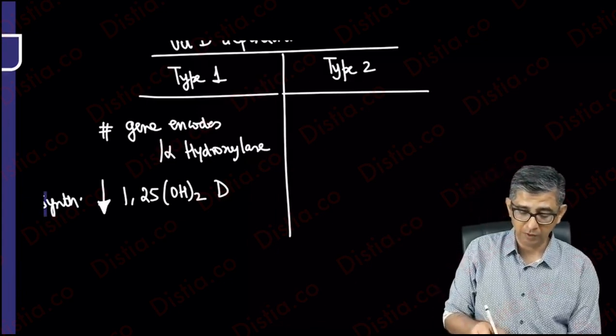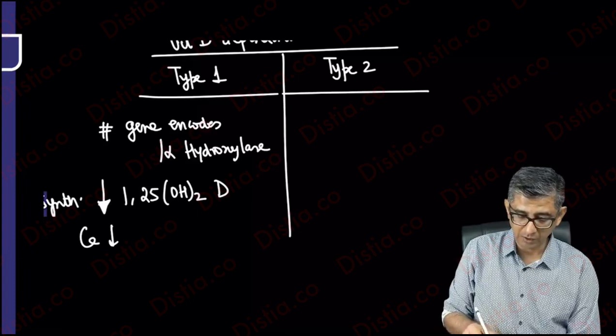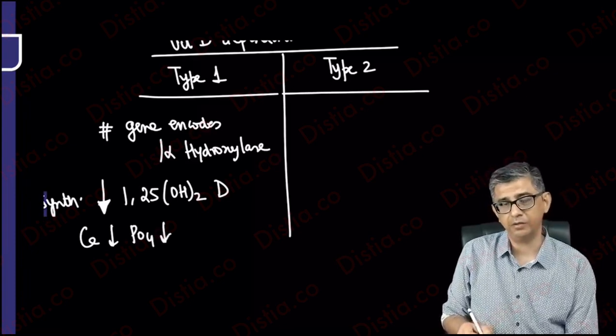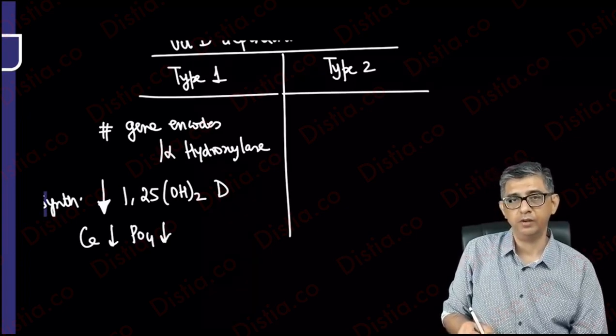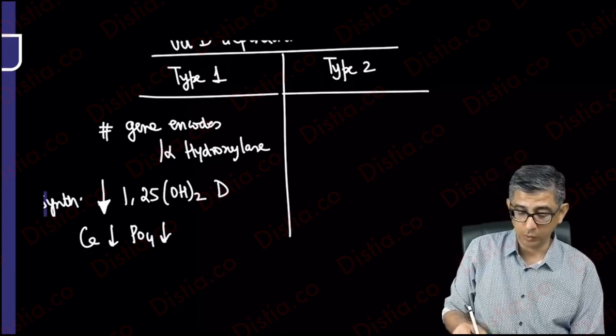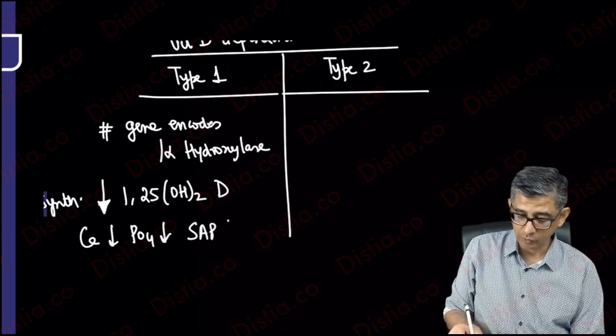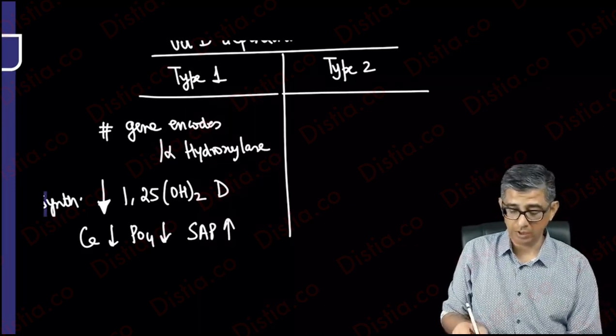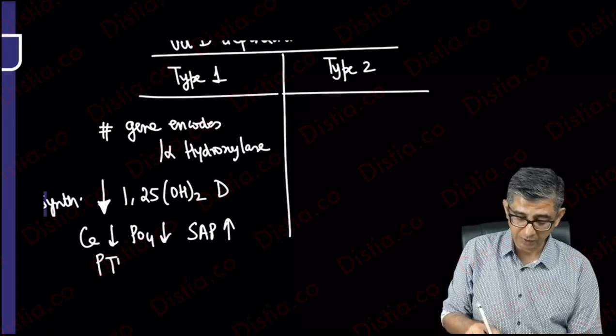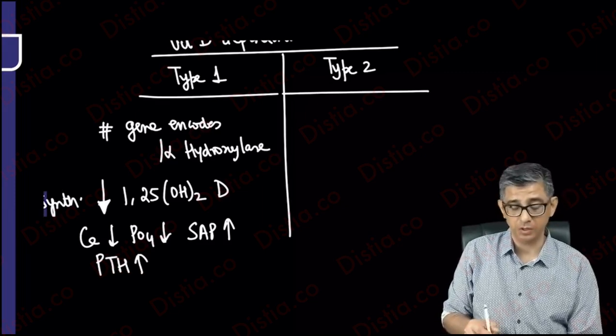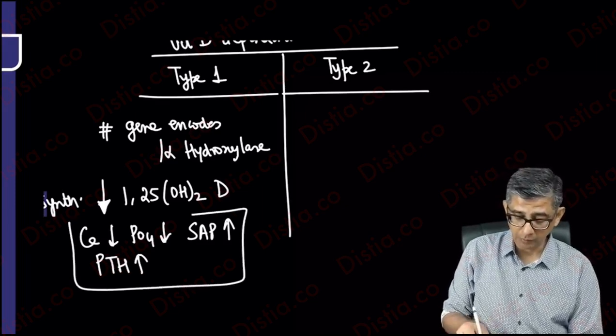In these patients, if I check the report, the traditional rickets report would be present. Calcium and phosphate in rickets always go in the same direction. I told you, in general medicine we usually have an inverse relation, but in rickets, calcium and phosphate will go in the same direction. SAP values would be elevated. And when I check the PTH, even PTH is elevated. Why? Because calcium is less in the patient.